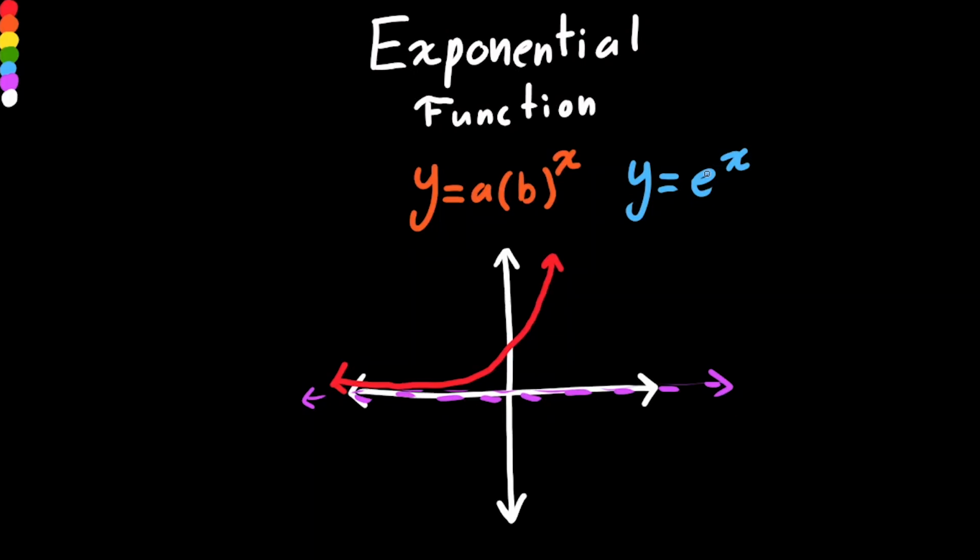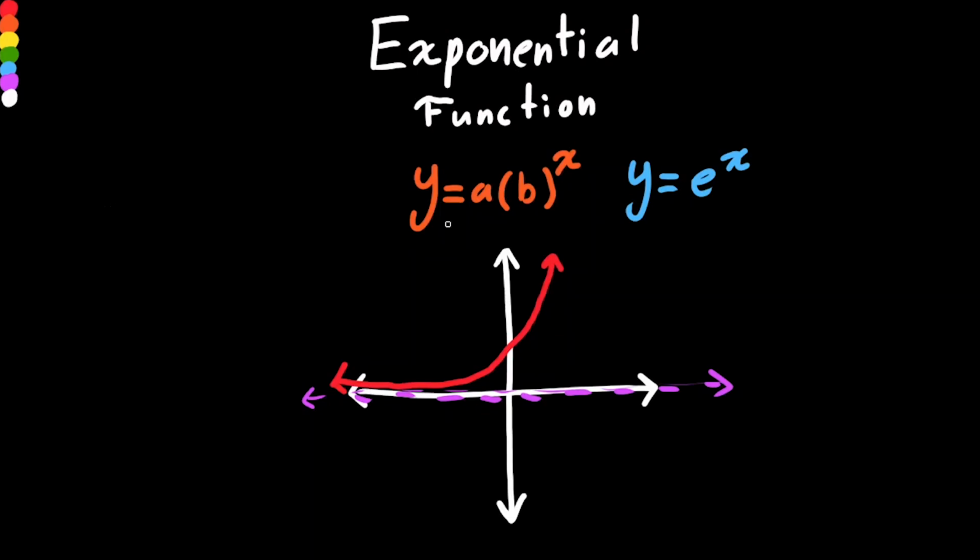Now, something to notice about the exponential function is that, like the rational function, it has an asymptote, but this time only an asymptote along the x-axis.